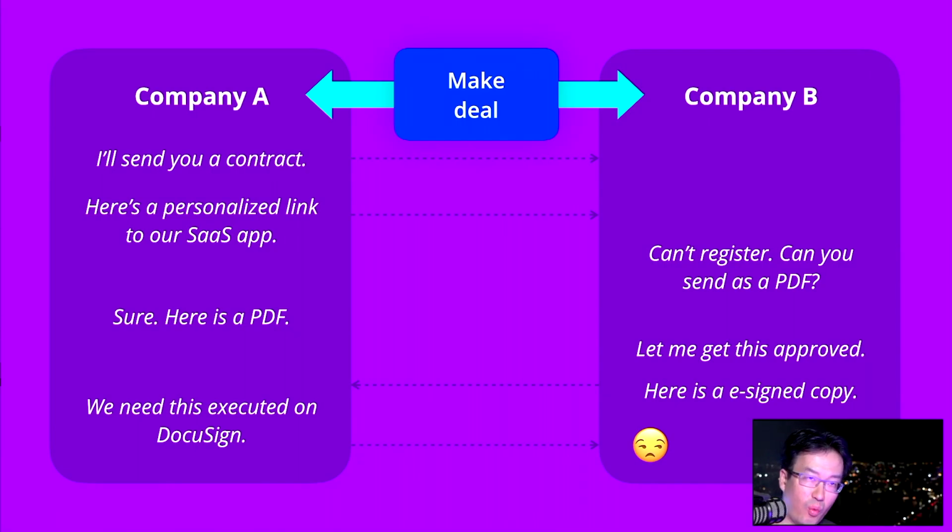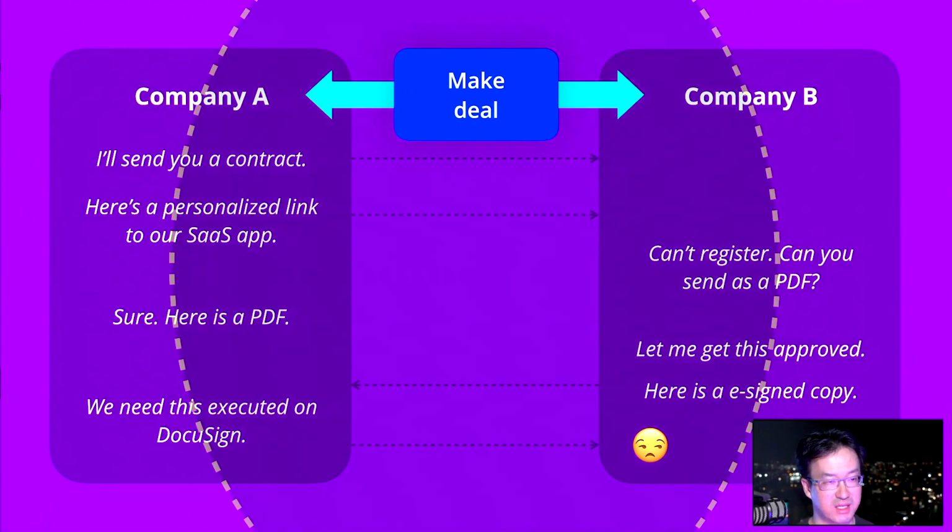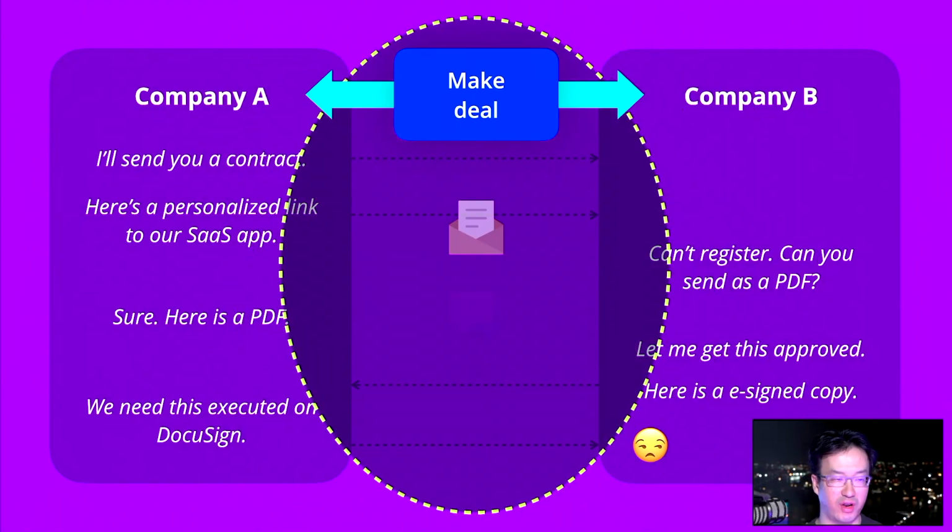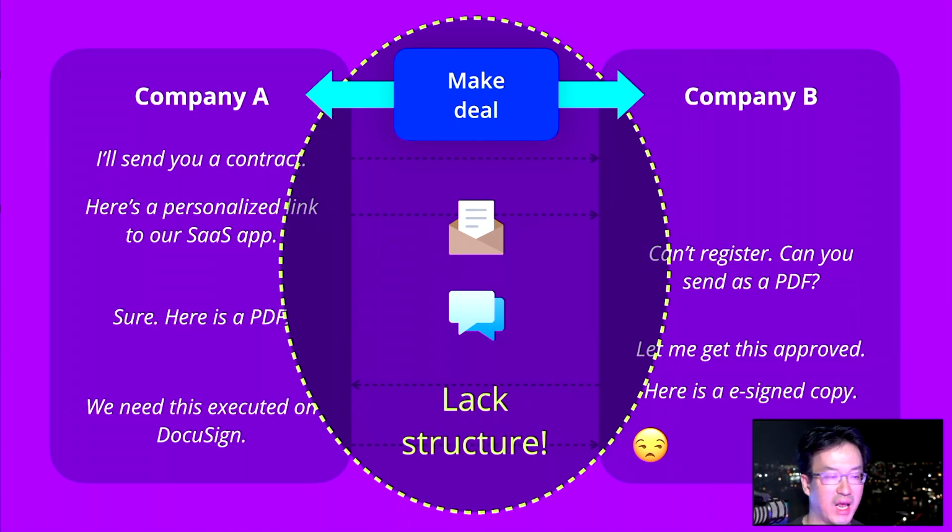So a lot of what's going on between the companies, in this center part, is messaging applications and email attachments, and in places like China, everything's done through WeChat. I'm sure people use Discord and Slack in different ways, or Microsoft Teams. And it really lacks structure.